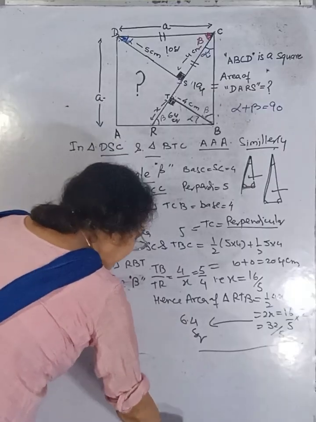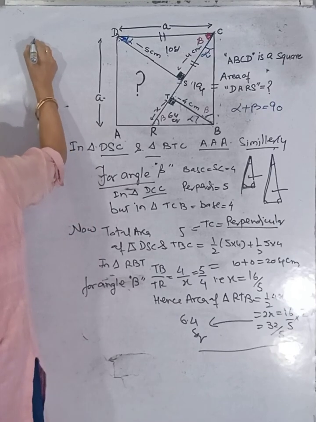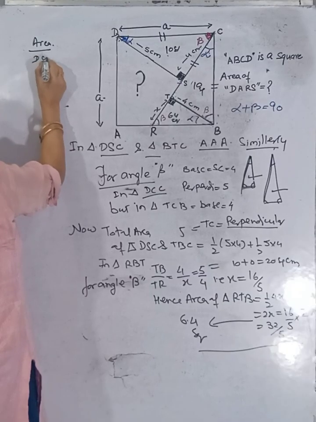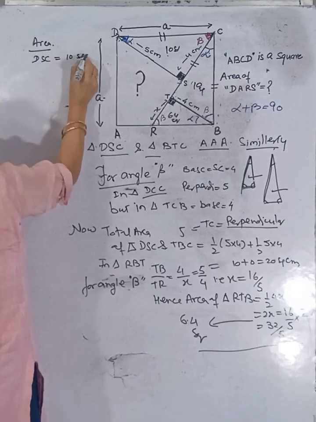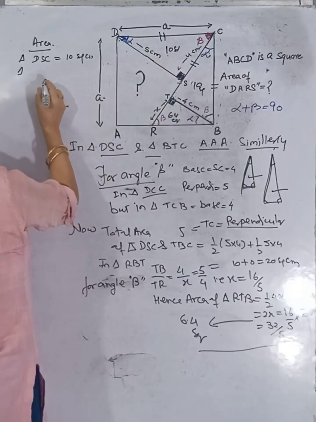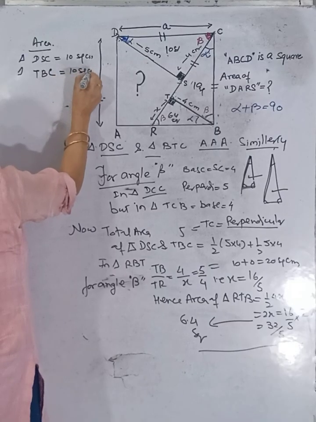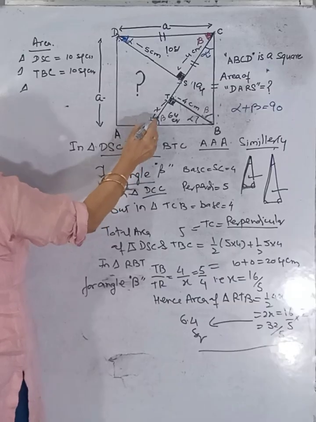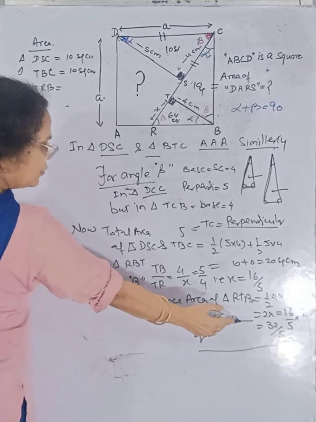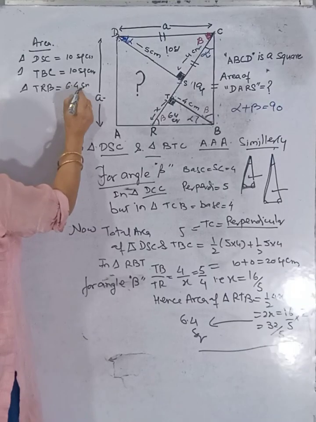This is done. Presently, the area of DSC is equal to 10 square cm, triangle TBC is equal to 10 square cm, and triangle TRB we have calculated as 32 upon 5, that is 6.4 square cm.